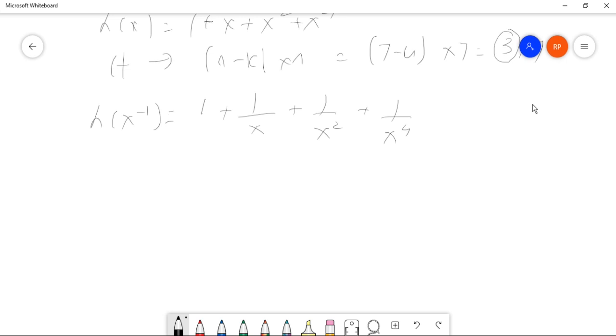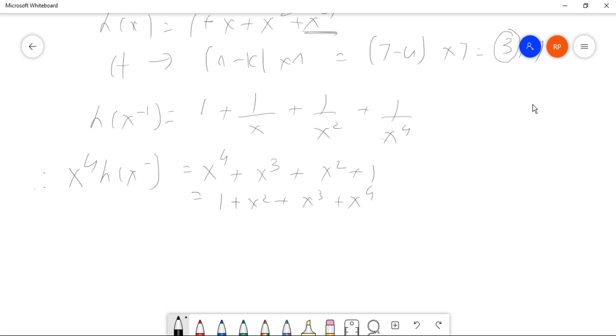So how to get these 3 rows? Look at the highest power. The highest power of h of x is x raised to 4. So multiply x raised to 4 with h of x raised to minus 1. Then it will be x raised to 4 plus x cube plus x square plus 1. In proper form, it is 1 plus x square plus x cube plus x raised to 4.